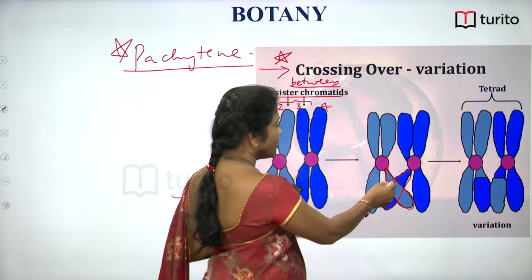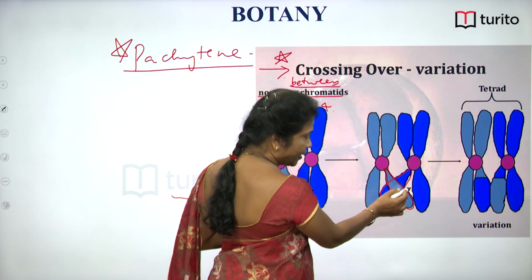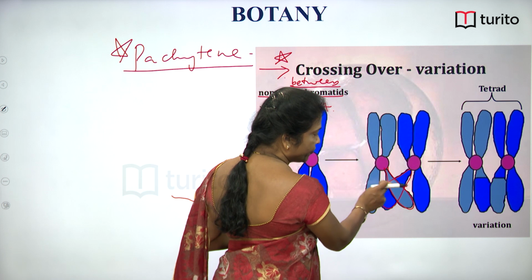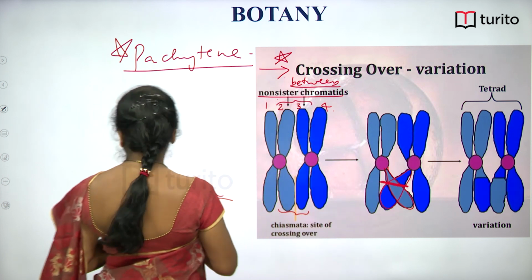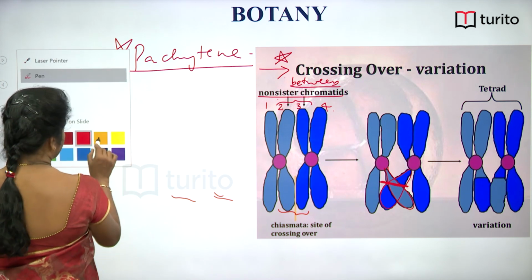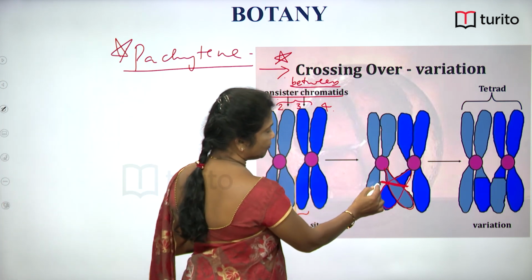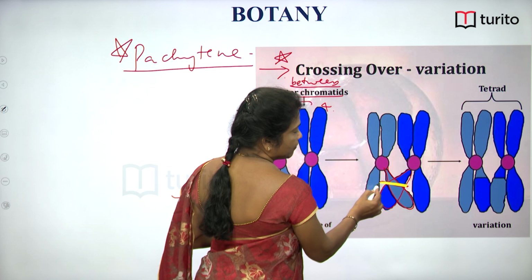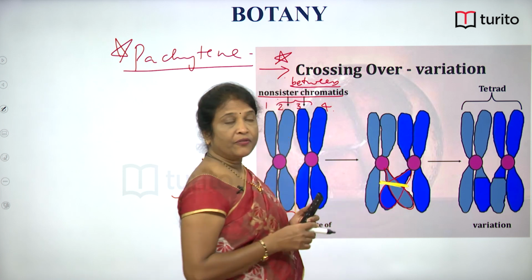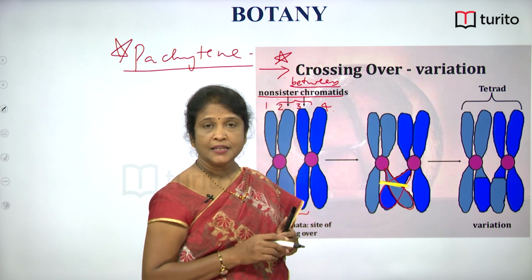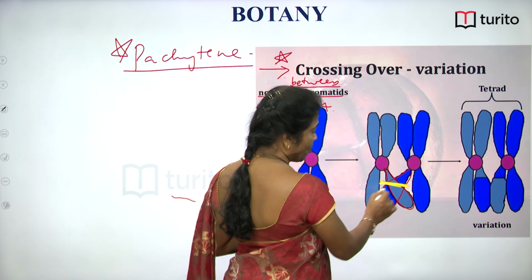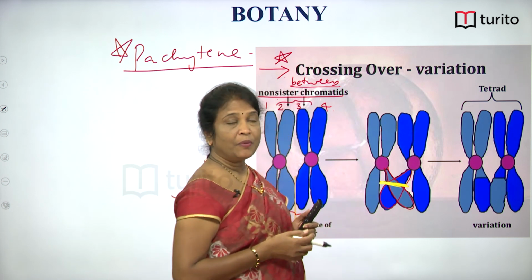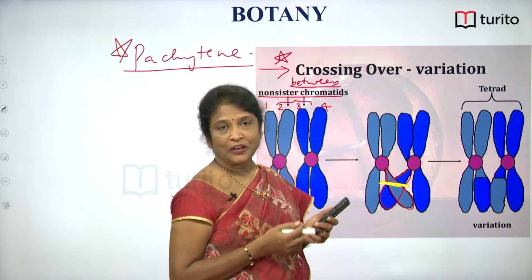Then at the region of crossover, breakage of chromatid segments takes place. That breakage of chromatid segments is catalyzed by the enzymes endonucleases. Okay? And here a chromatid is nothing but a DNA molecule.